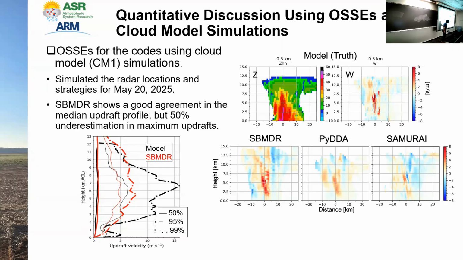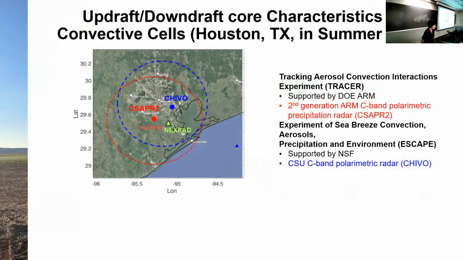The retrieval didn't capture the very small and very strong updrafts in this case. So this is the second objective: using our retrieval code, we tried to estimate the characteristics of updraft and downdraft cores.